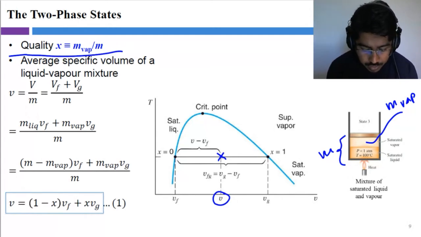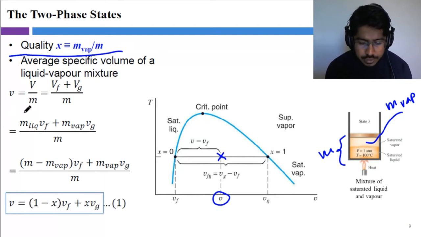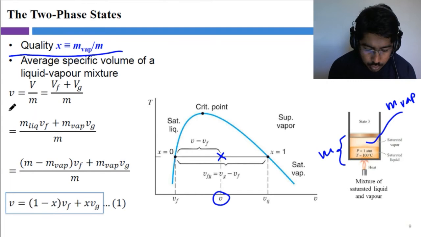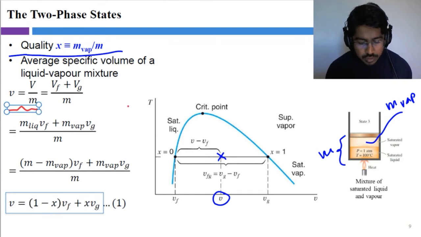So in order to find the specific volume, we can use the specific volume definition, right? What is the specific volume definition? The total volume of the substance divided by the mass of the substance, right?